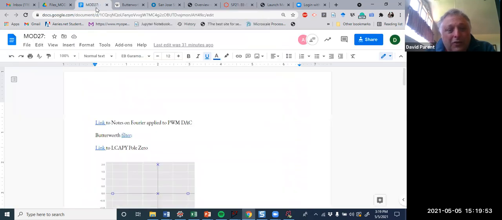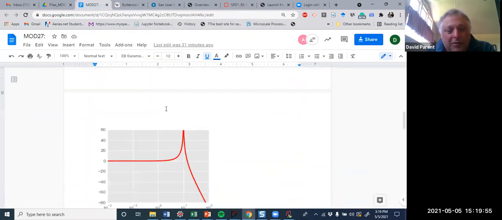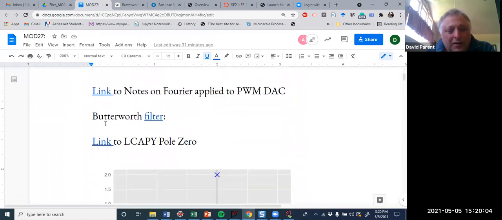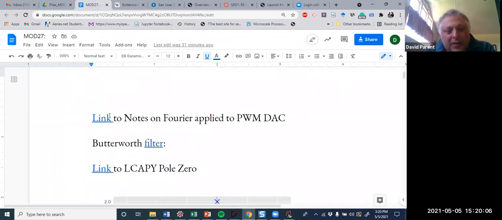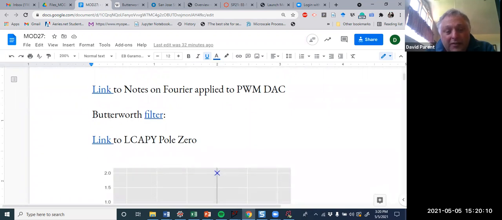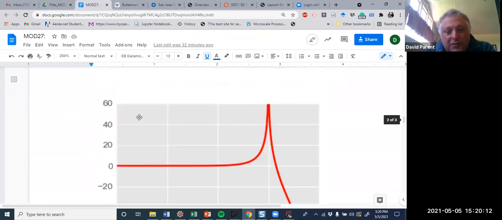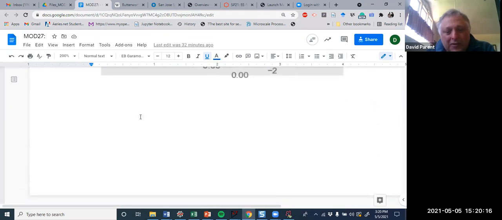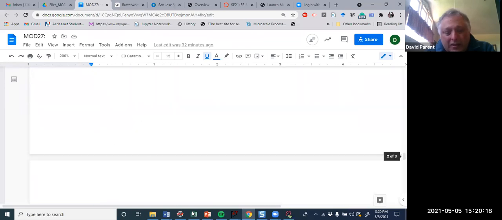So the things here are probably more helpful on these notes. All right. Let's make those bigger. We have some things on the Fourier applied to the pulse width modulator DAC and the Butterworth filter, and some poles and zeros and what things look like.